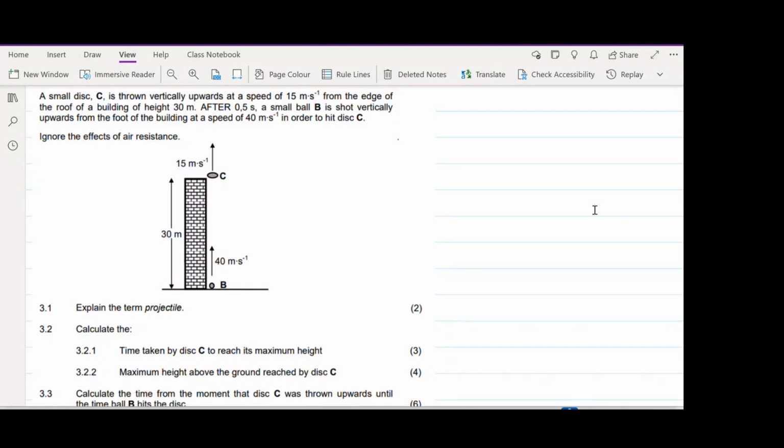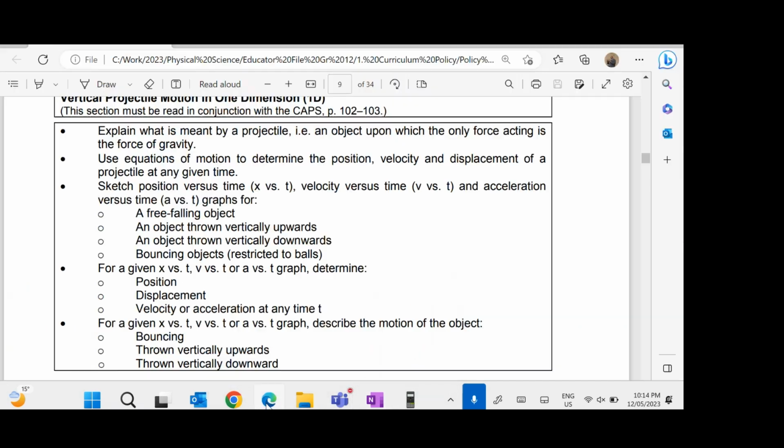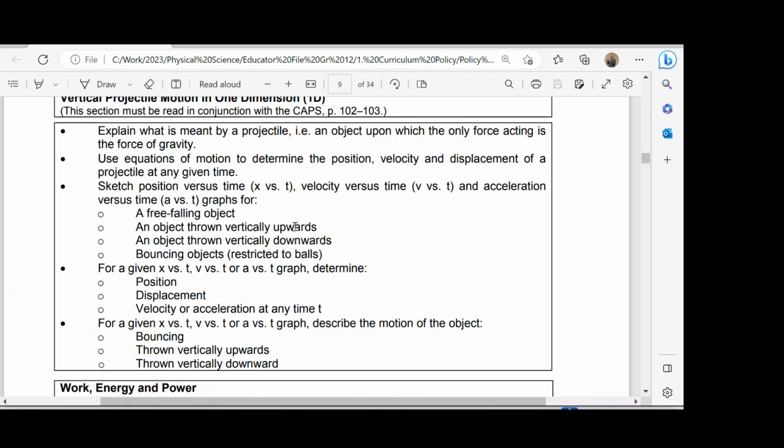This question is on vertical projectile motion. Whenever you are going to do questions on vertical projectile motion, what you need to do is to have the exam guideline. From the exam guideline, you can see that you are expected as a learner to be able to explain what is meant by a projectile, that is an object upon which the only force acting is the force of gravity.